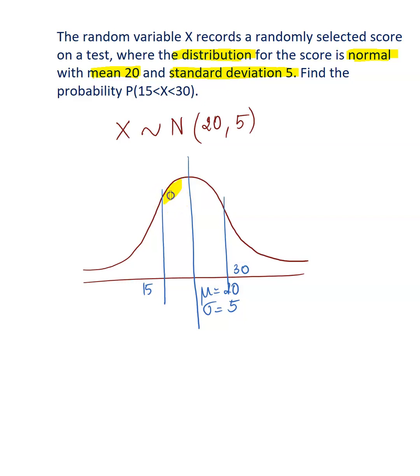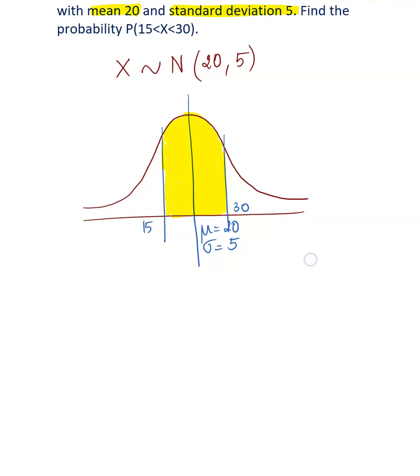So we're trying to find the probability between 15 and 30. This is the shaded region that we're trying to find the probability for. Now previously, for the uniform distribution, we were able to use the area of a rectangle because of the shape, but here you can't use that. So we have to do it in a different manner. And I'm going to show it to you first manually how we do it.